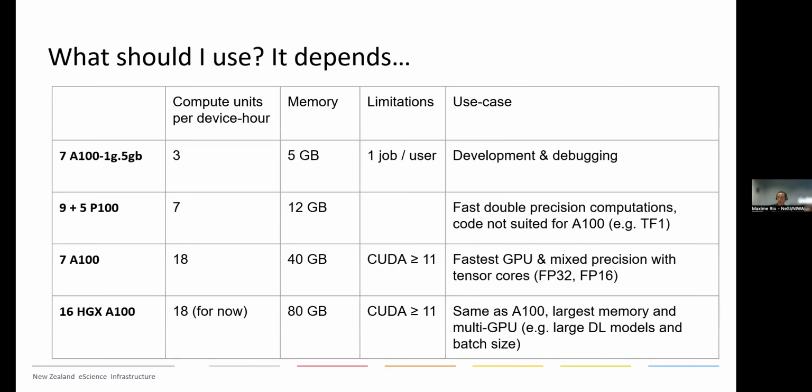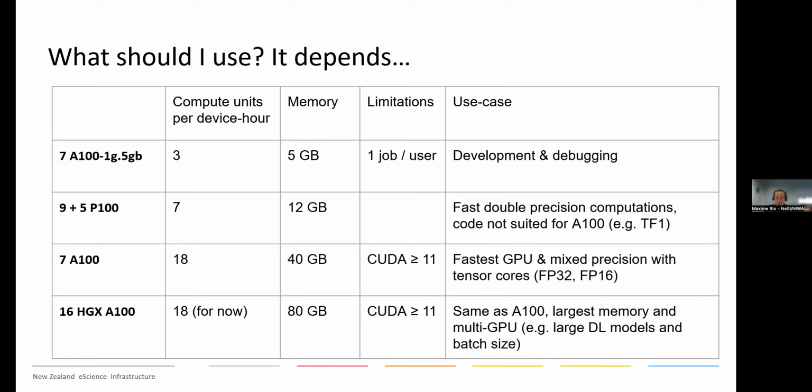Okay, so with this presentation of our GPUs, maybe the next question is what to use and when to use it. There are a couple of things to keep in mind. The first one is that if you're tracking your compute units, the cost, with air quotes around cost, is a bit different between the different GPUs.